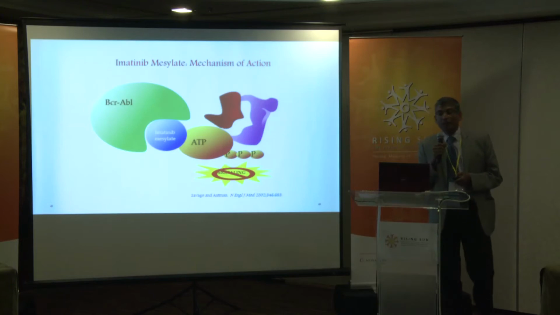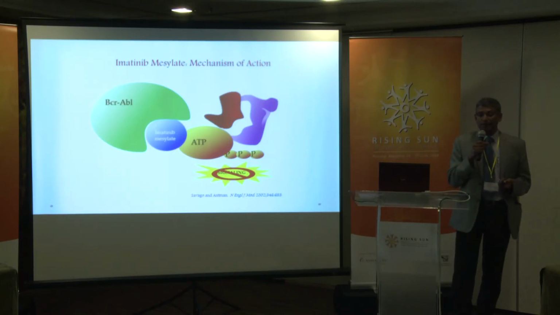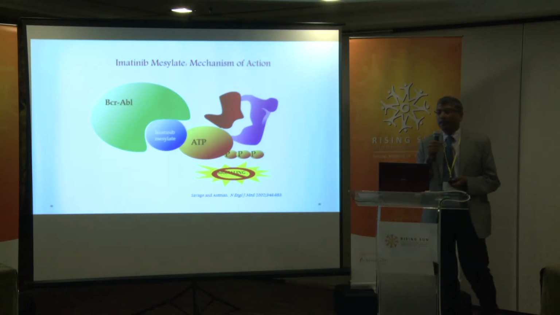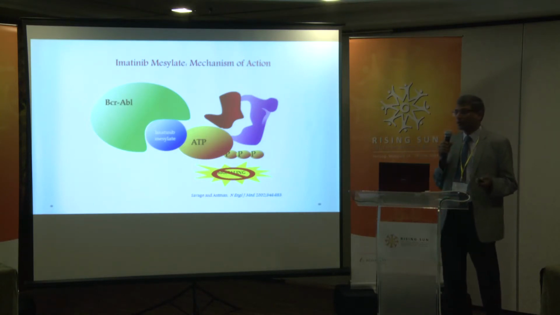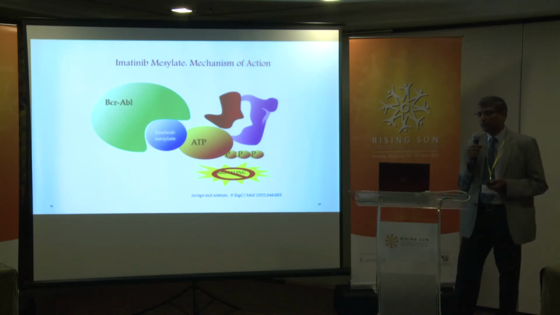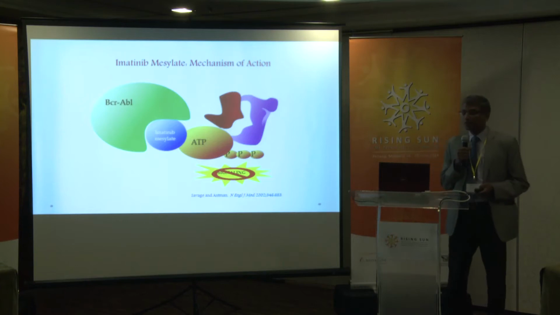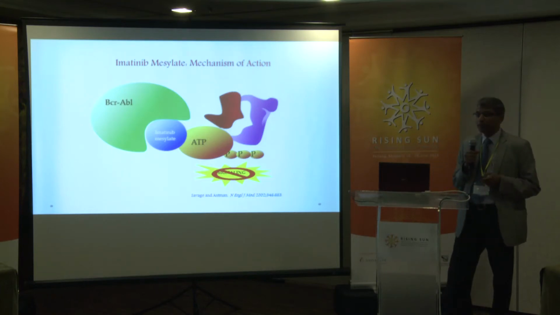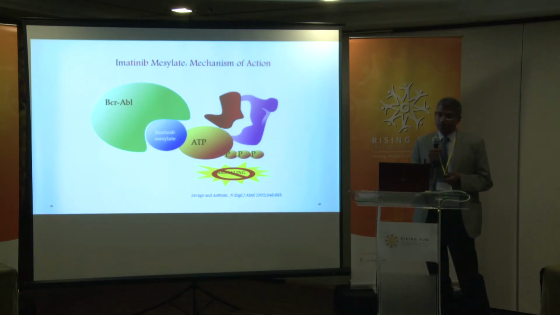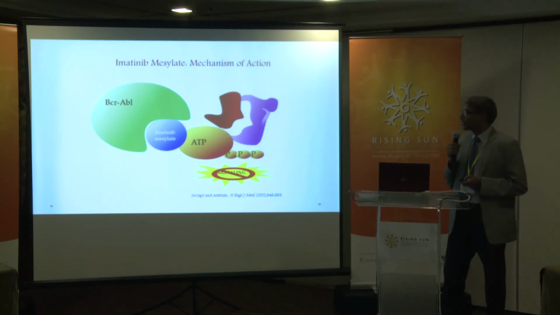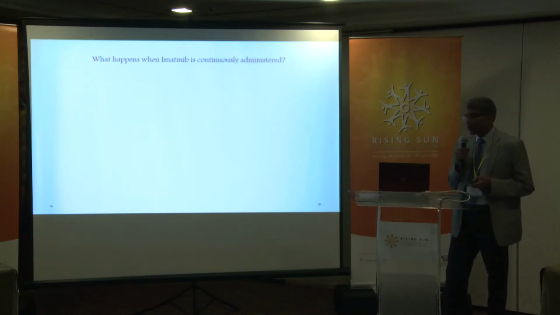And because the CML clone is so dependent upon the BCR-ABL pathway, it cannot proliferate and it undergoes natural apoptosis, and normal hematopoiesis that is there in the body takes over, and that's how you have normalization of the counts. And over a period of time, you have the disappearance of this Philadelphia chromosome, and you have the decline of the BCR-ABL protein, and that's how we try to monitor.